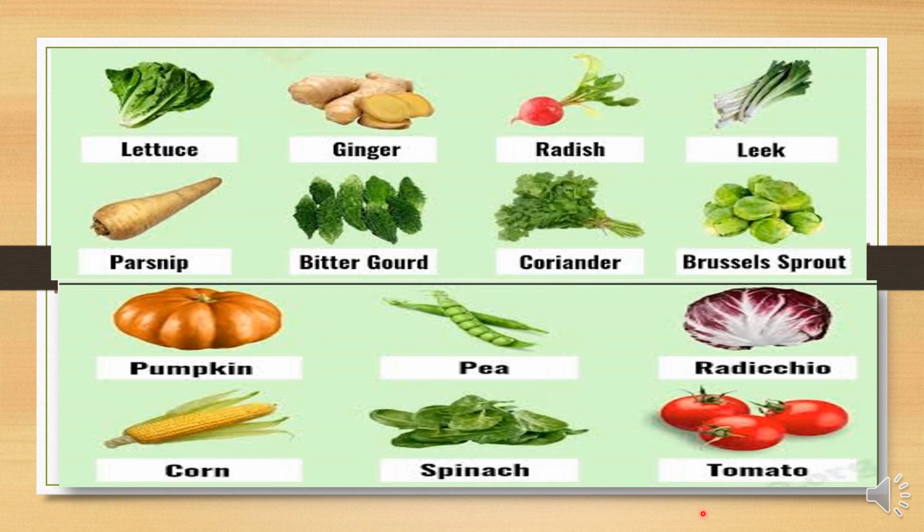We have the Brussels sprouts, which are used for making salads. We also have our lettuce. We have our pumpkin. We have our spinach. These are what? Vegetable crops.